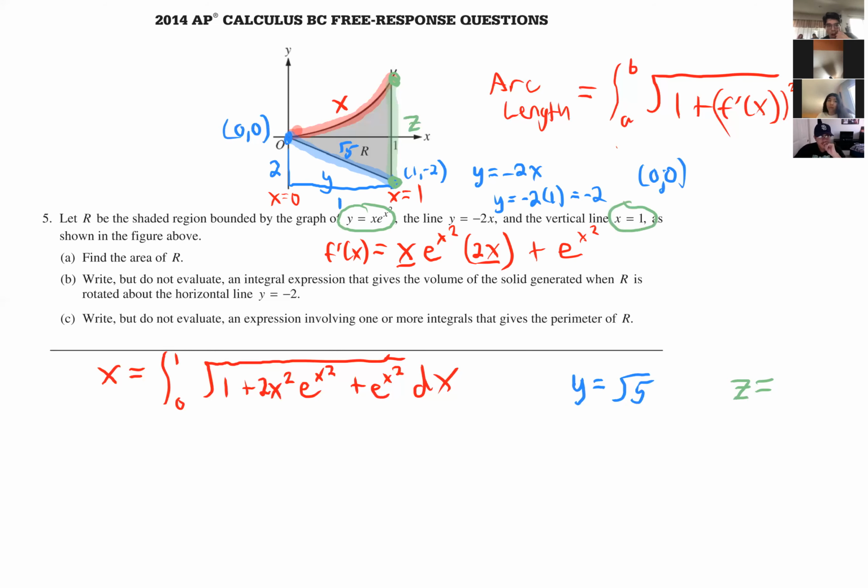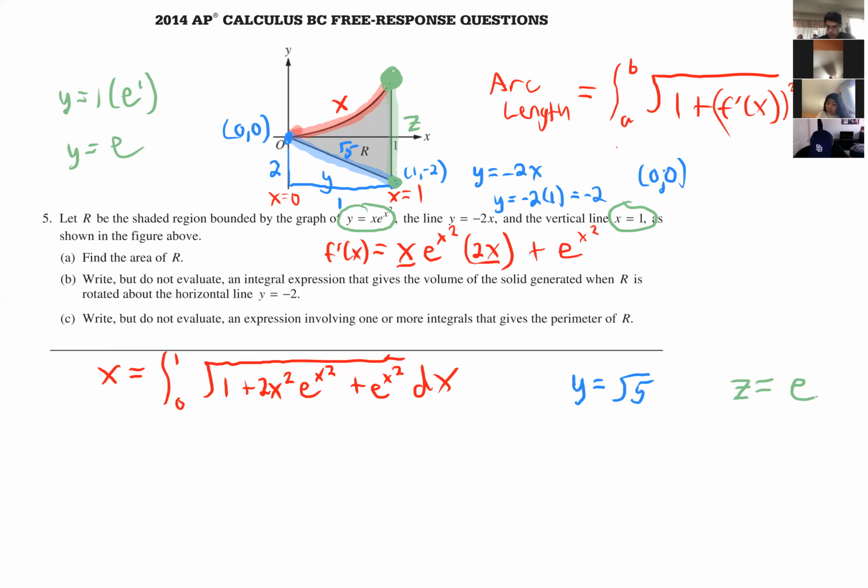So I would just plug 1 in for x and solve for y. So y equals 1 times e to the 1. If you want to find the y coordinate of this green point up here, you plug in the two equations that meet, x equals 1 and y equals x times e to the x squared. So this would simplify to e here. So that means z is just e.